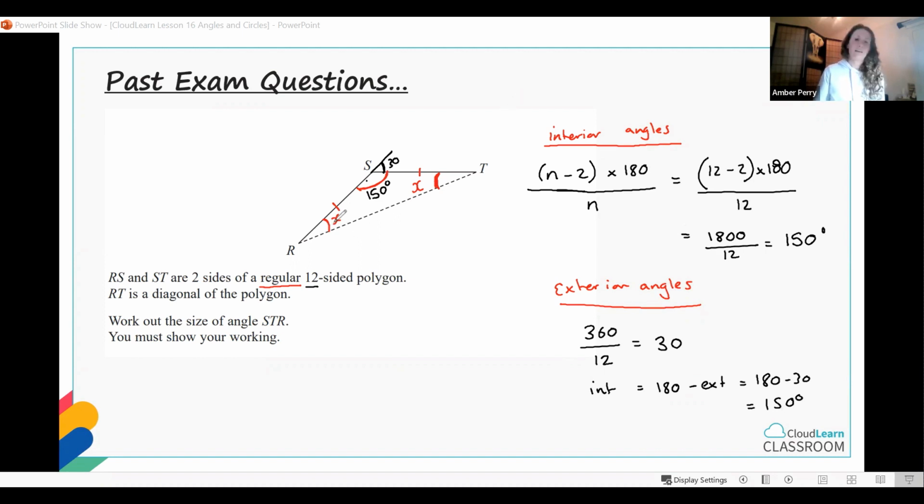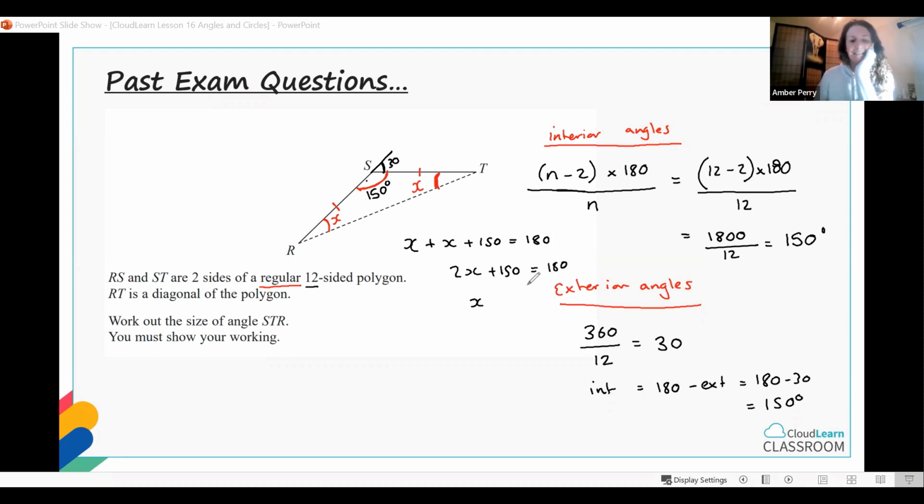So if we know that these 3 angles are in a triangle, they add up to 180 degrees. We also know that these 2 angles are the same. So we could say, well, x plus x plus 150 equals 180. Oh, my pen just broke on me. 2x, you know how I love to write an equation, plus 150 is 180.